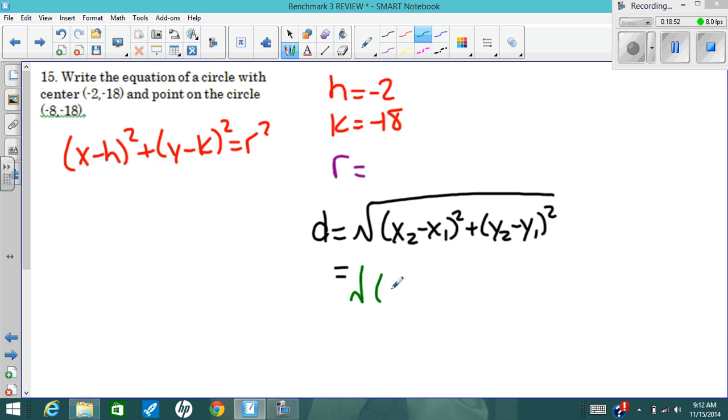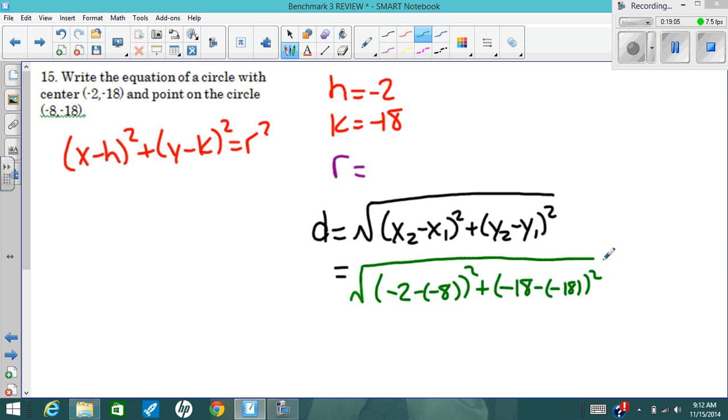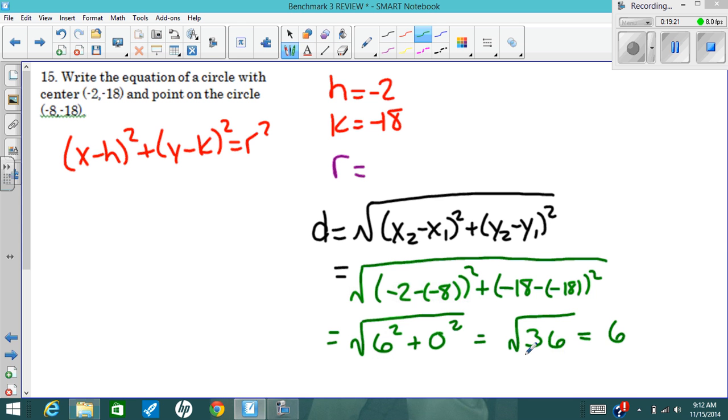I'll use my center as my x2, y2, so negative 2 minus negative 8, negative 18 minus negative 18. So I get 6 squared plus 0 squared, which is just the square root of 36, which is 6. So my radius is 6.